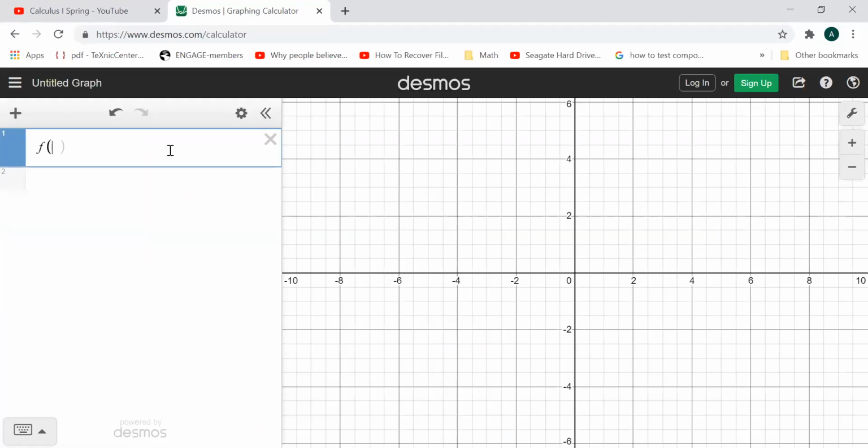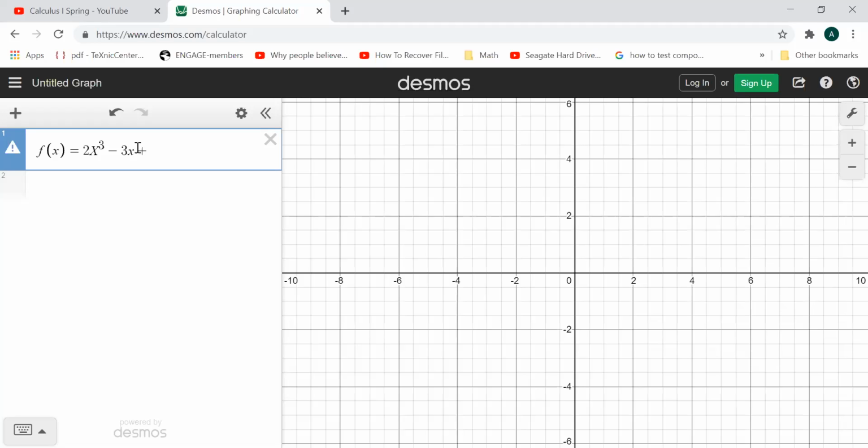So f of x equals 2x cubed minus 3x squared, plus, and for whatever reason, why does it typeset with capital letters? Oh, caps. Okay, I had the caps on. Sorry about that, folks.